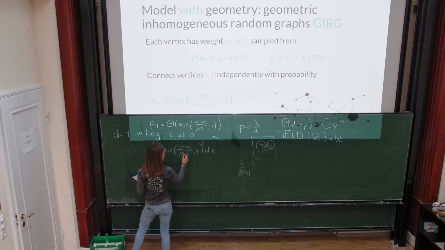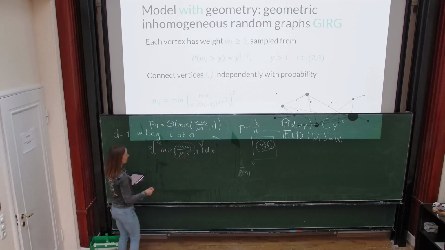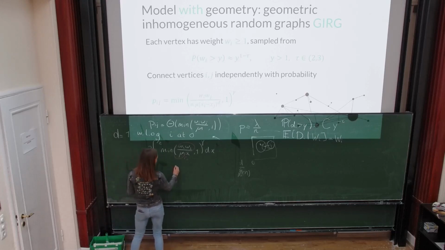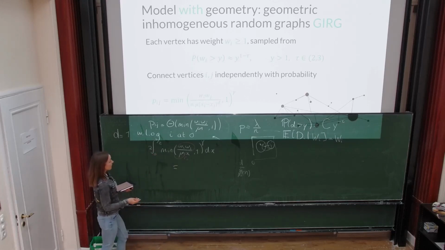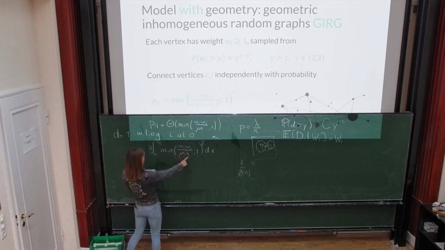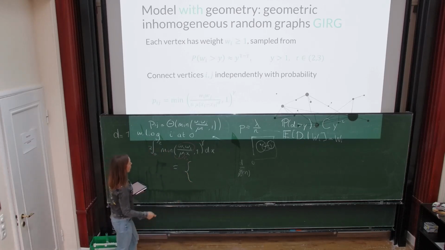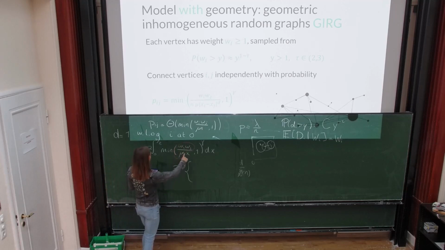And then for simplicity, let's call this R0. Then here we have to split into cases, because either this one is at its smallest value when x equals 1/2.